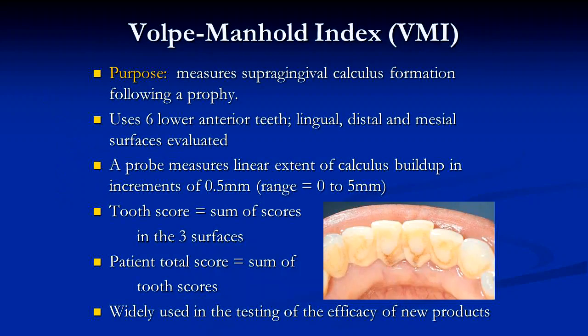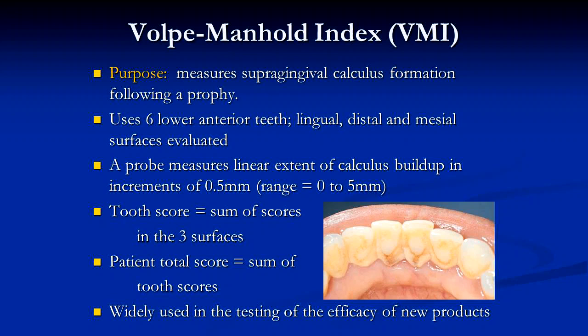The third index is the VMI, the Volpe-Manhold Index. The purpose is to measure supragingival calculus formation after prophy. And we typically use this to test whether a new product is effective in terms of calculus formation.